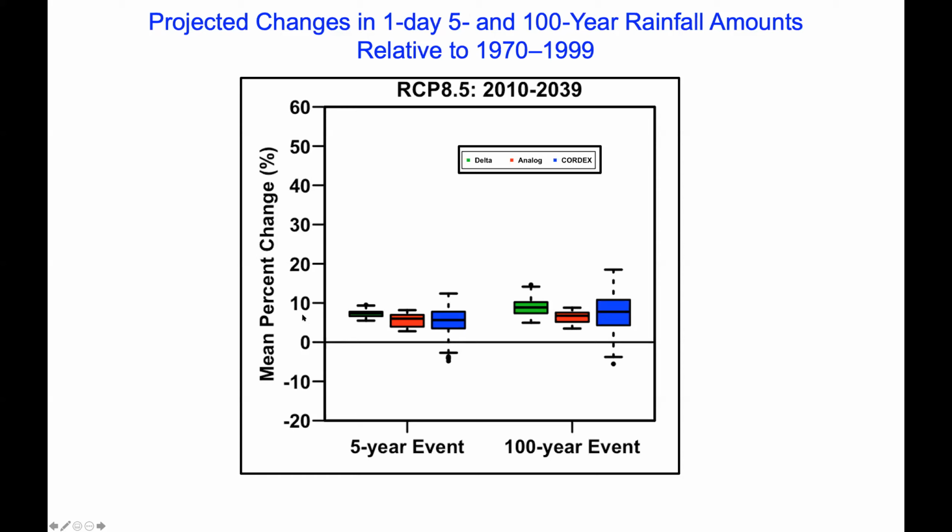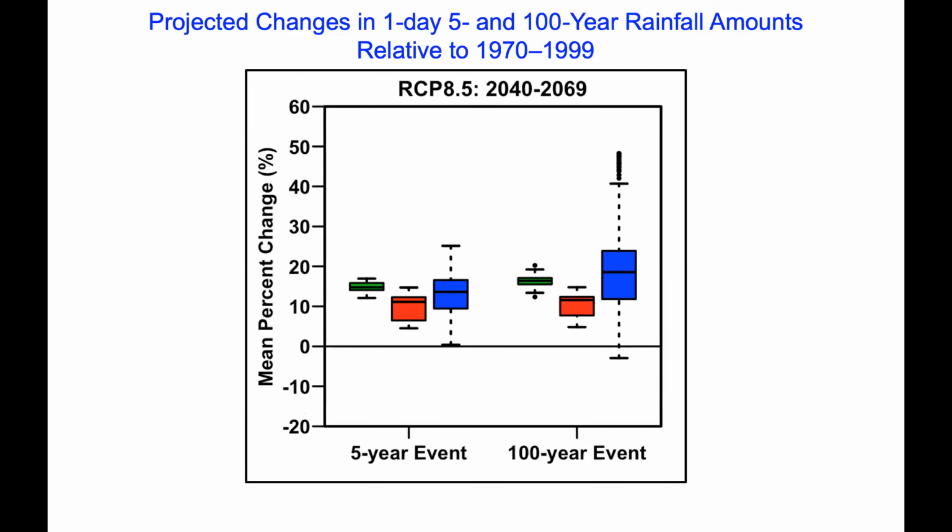For the most part, these values are increasing by about 5 or 7%, and actually very little spatial variation among the stations. Again, the box plots are showing this change among the different stations in New York. Really the only one showing a decrease in this very short period is the dynamically downscaled values at some stations, at fewer than 10% of the stations actually.